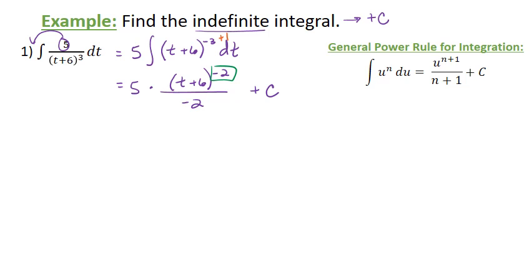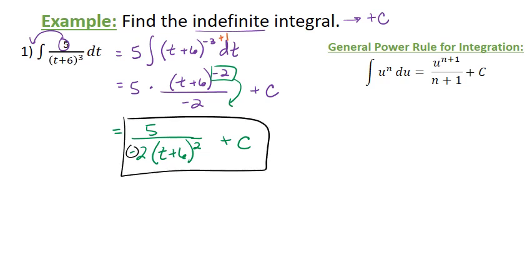So what I can do is take the reciprocal of this to make this positive. Just this part, so this will come down here. So I will have 5 over negative 2 times the quantity t plus 6 squared plus c. And remember, with a fraction, this negative can either be assigned to the top number or the bottom number, but not both. So this would be my final answer here.